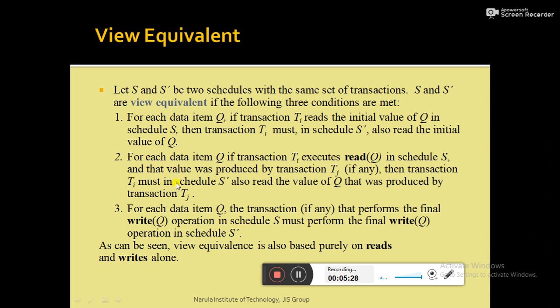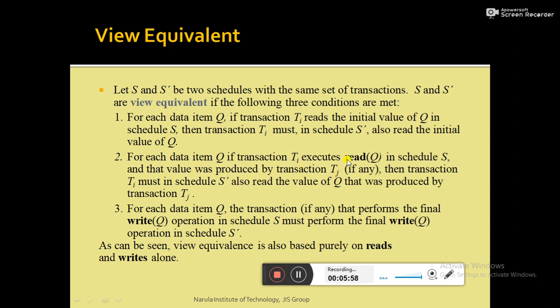Next, condition 2: for each data item Q, if transaction Ti executes read(Q) in schedule S and that value was produced by transaction Tj, then transaction Ti must, in schedule S prime, also read the value of Q that was produced by transaction Tj. This property is also known as the intermediate read operation. So what does it mean?